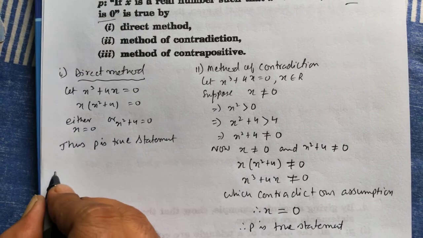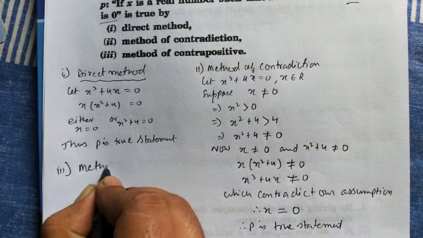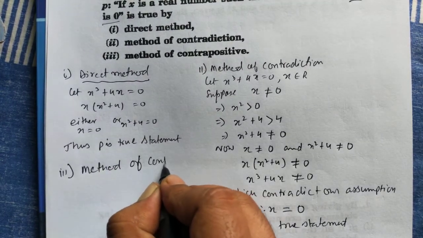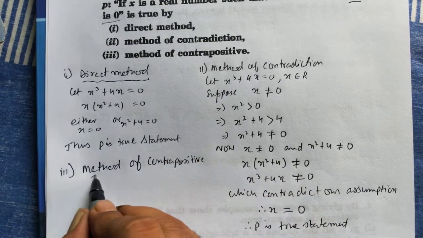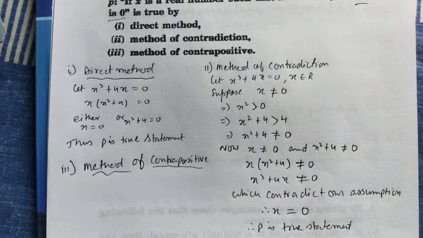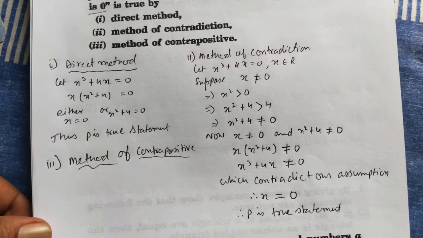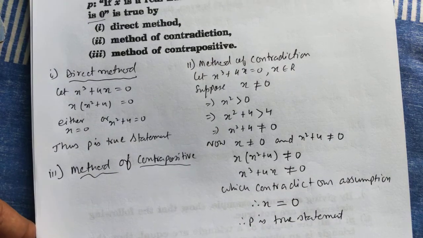Let's do the third method. Method of contrapositive. As we have learned in the last exercise, we take the negation of the second statement and negation of the first statement.